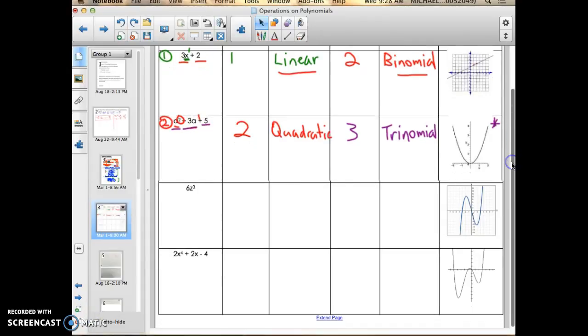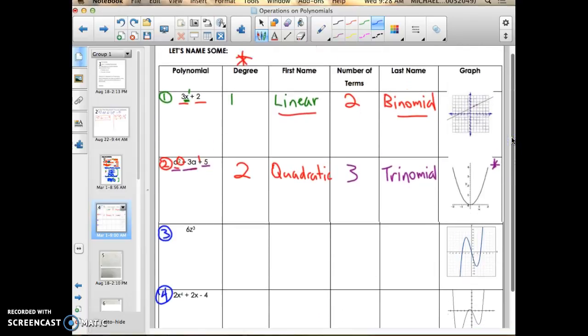Go ahead and try the next 2 examples, example 3 and example 4 on your own. And please raise your hand when you're done so that I can check your work to make sure you understand. The first process, again, that I would think of is I have to determine the degree or highest power. So I'll even write highest power here. That's what I'm considering.